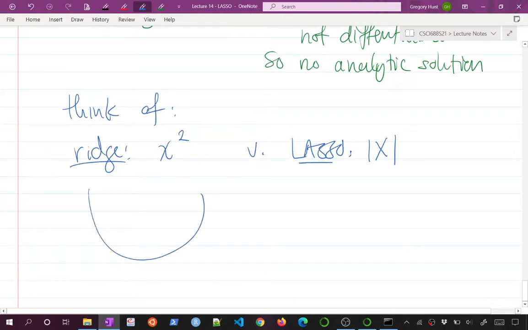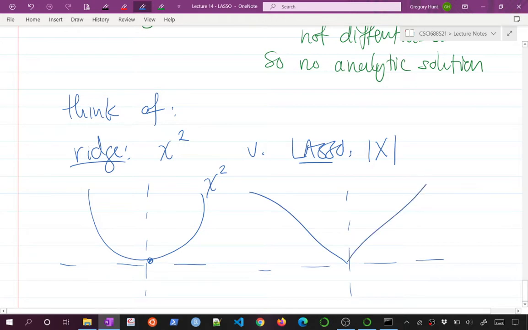So x squared is this nice differentiable function, and we can get a formula for the minimum very nicely by using calculus. If I look at the absolute value function, it looks like that. This is convex. It's continuous but not differentiable. And this 1 norm is basically the big boy version of the absolute value function. So it's not differentiable.